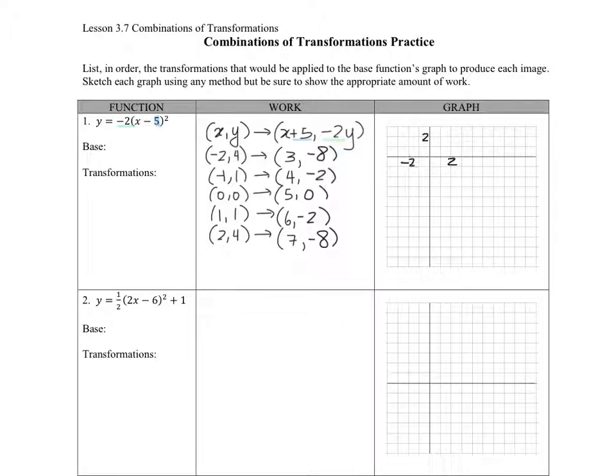Please make sure that you always label your axes, your scale. We have 3, negative 8. We have 4, negative 2. 5, 0. And then we have the mirrored points, like so.